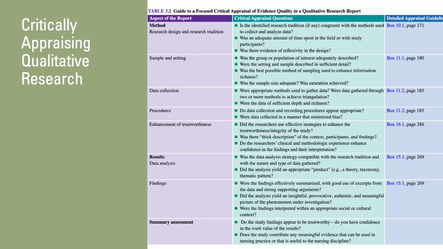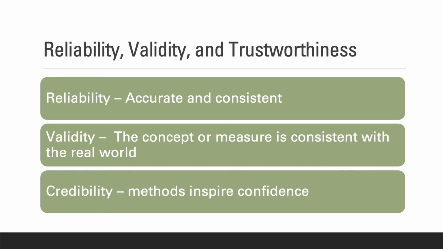What you will find here is that it is slightly different, but it's set up in the same format. It gives you the same level of information, and it should be kept with you as a guide. Again, you will learn more about this as we go through the semester.